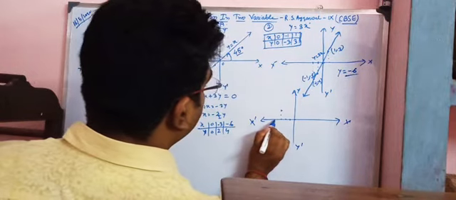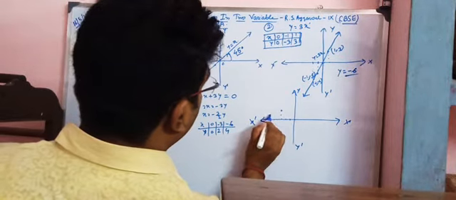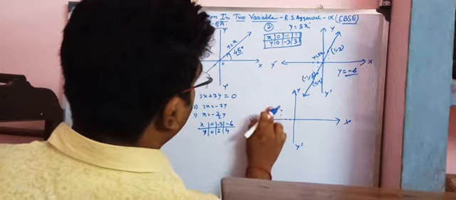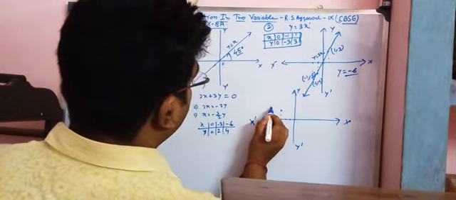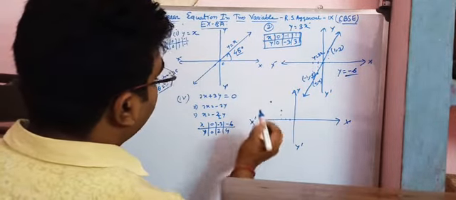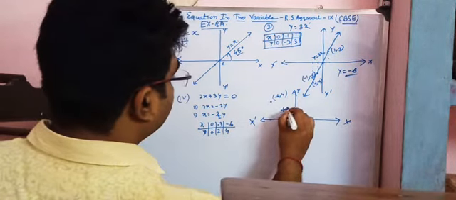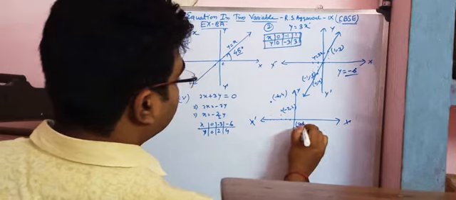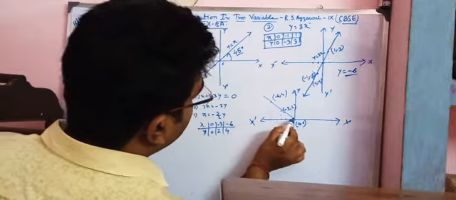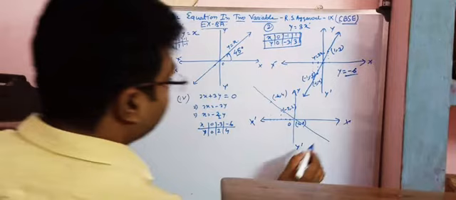So the straight line passes through these required points: minus 6, 4, minus 3, 2, and 0, 0, obviously the origin. If we draw the graph like that, this is the graph of 2x plus 3y equal to 0.